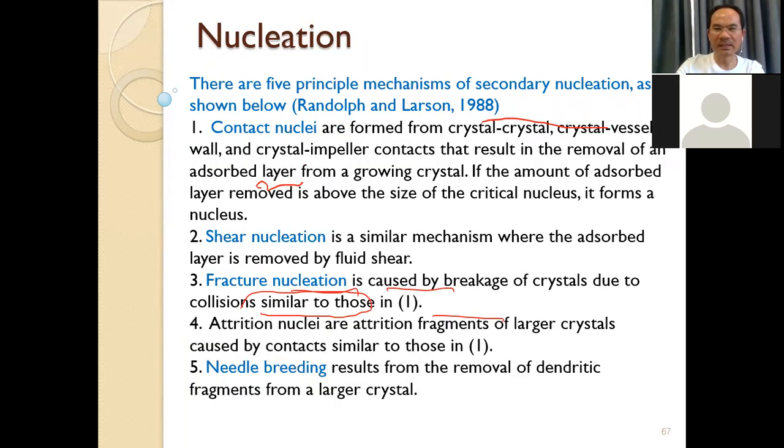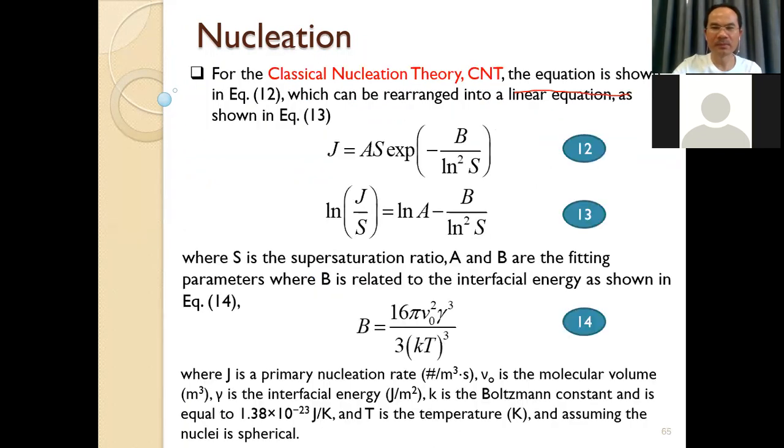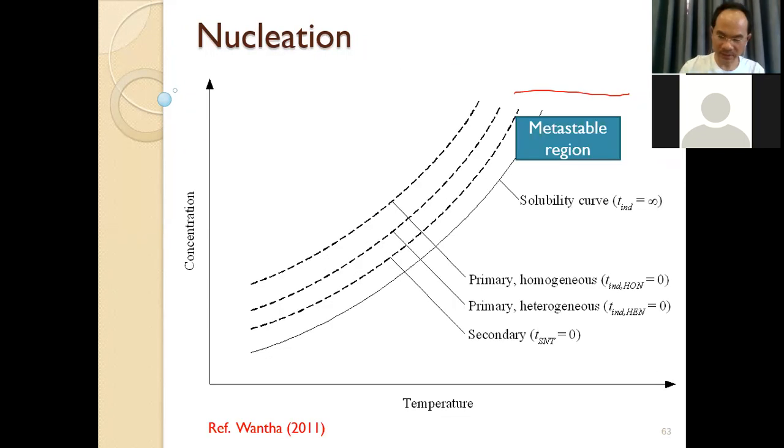The next one is the secondary nucleation. As I talked to you previously, we have to operate in the metastable zone. In this zone the concentration is lower, so it's difficult to get primary nucleation.